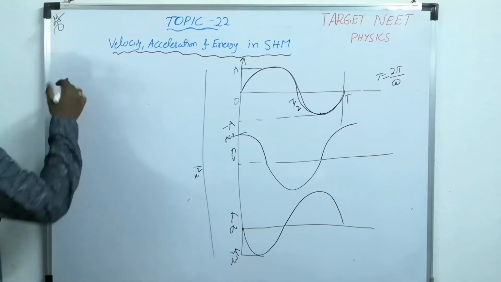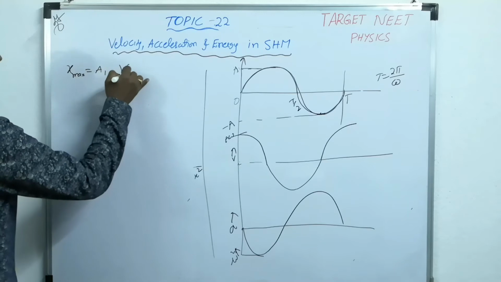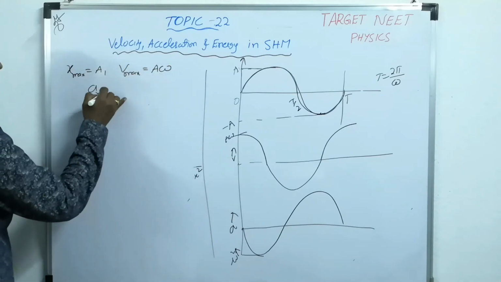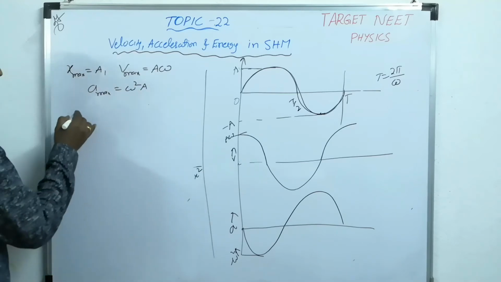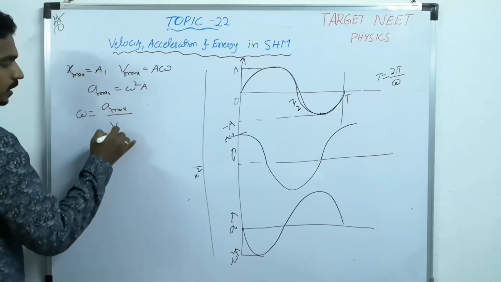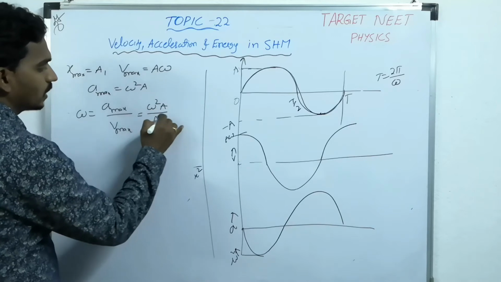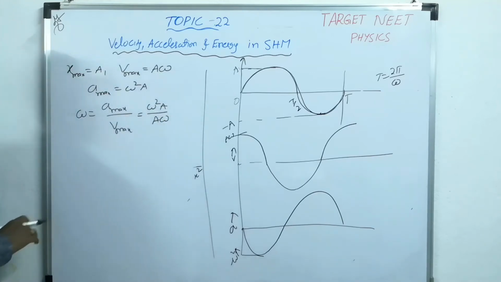So here you can conclude that the maximum displacement is A. The maximum speed is A omega. The maximum acceleration is omega square A. Then omega equals a maximum by v maximum, that is omega square A by A omega, so you will get omega.